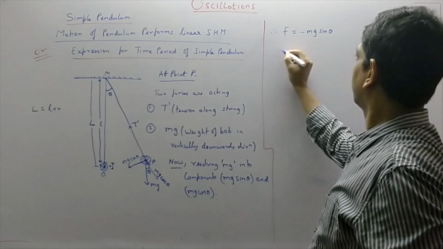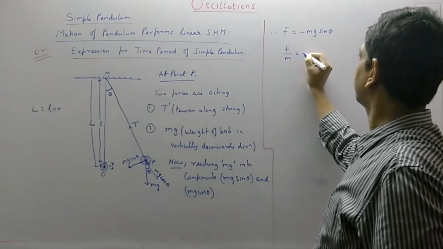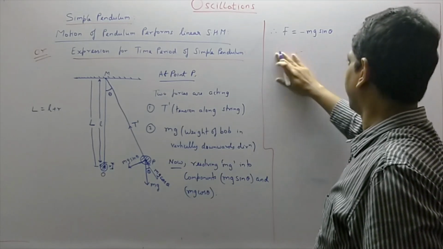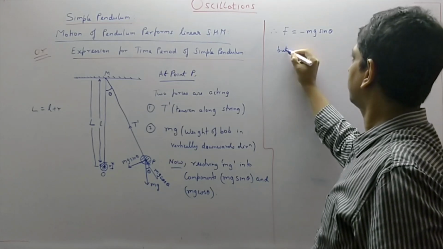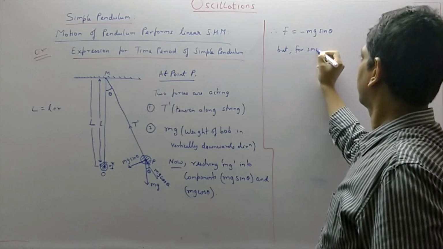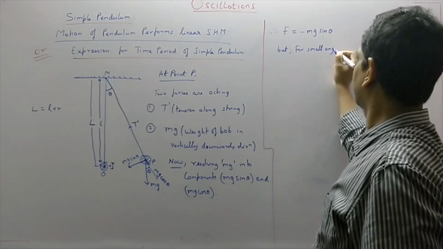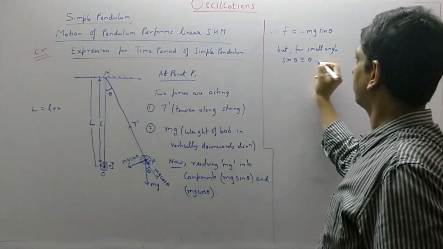Here F upon m is minus, and for a very small angle we take sin theta approximately equal to theta.